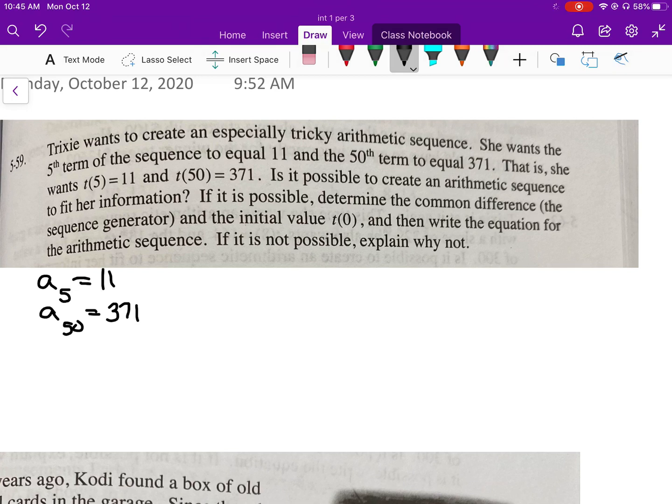Is it possible to create an arithmetic sequence to fit her information? If it is possible, determine the common difference and the first term. Then write the equation of the arithmetic sequence.